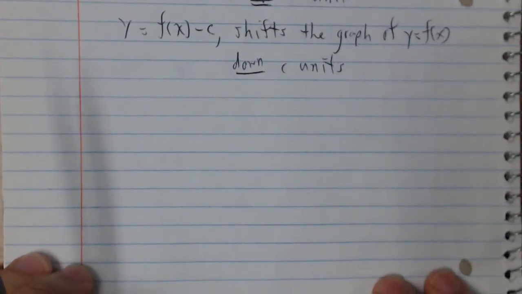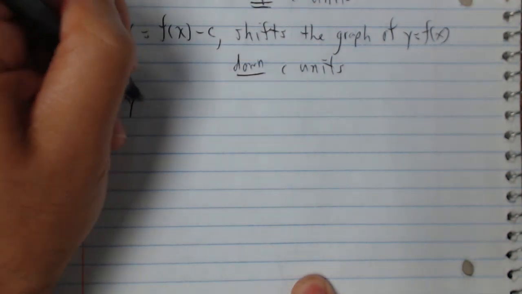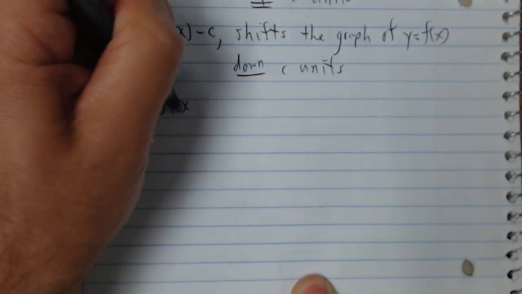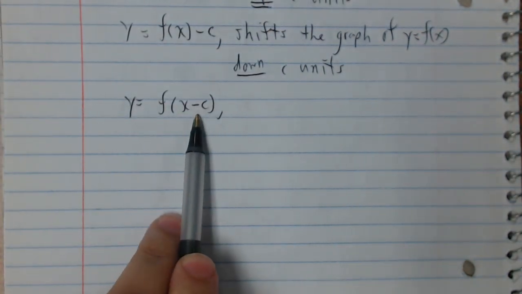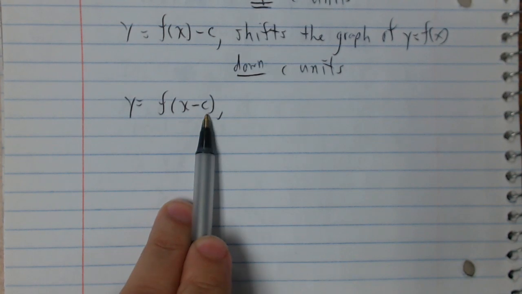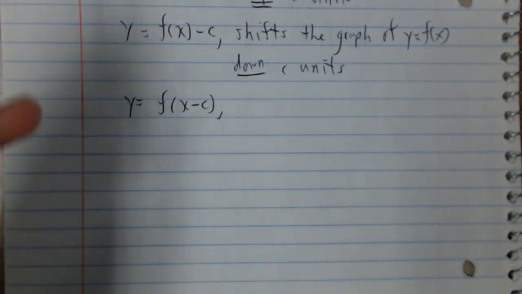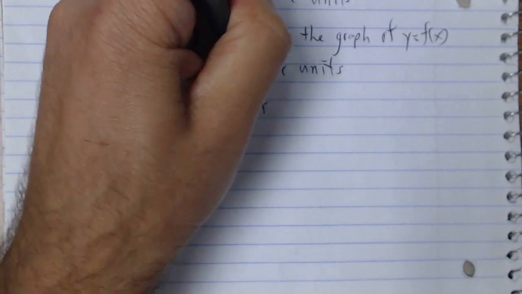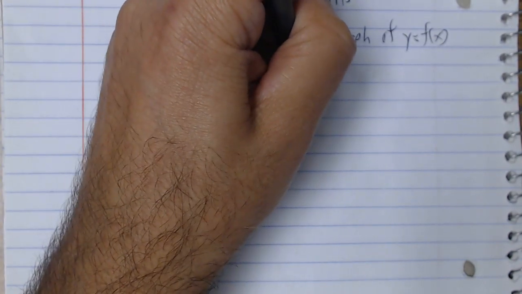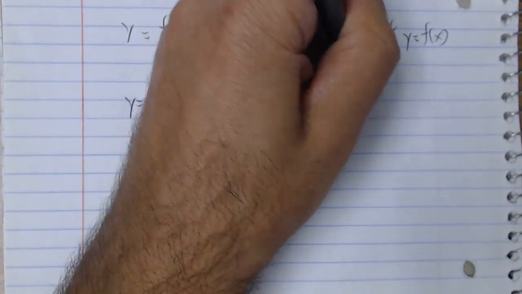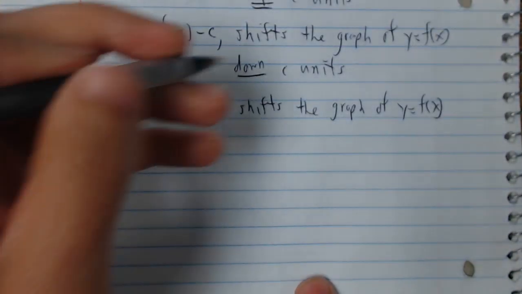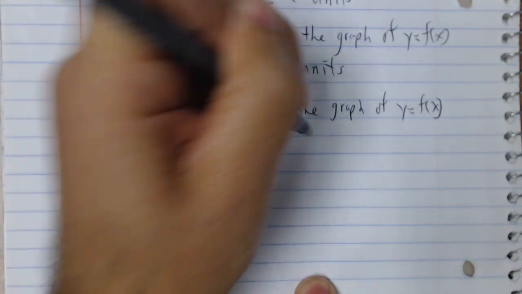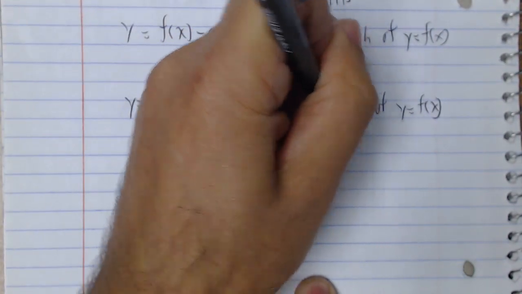Okay, so now if I have y equals f of x minus c, this notation actually shifts our graph c units to the right. So this shifts the graph of y equals f of x right c units.